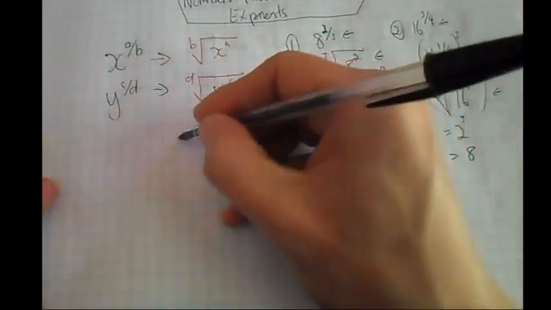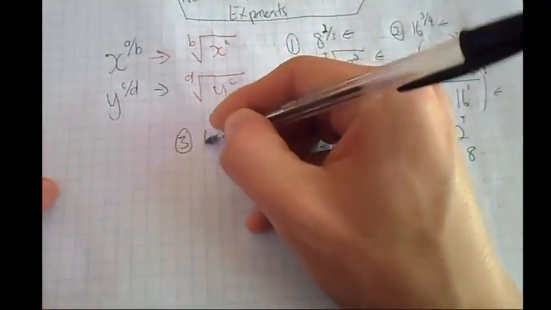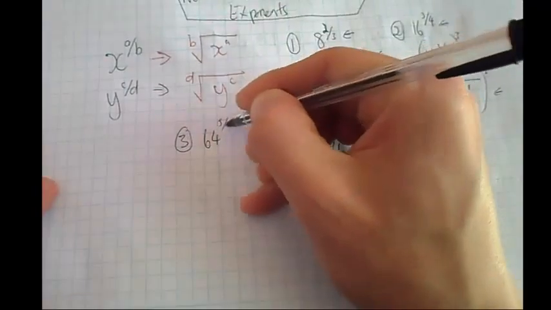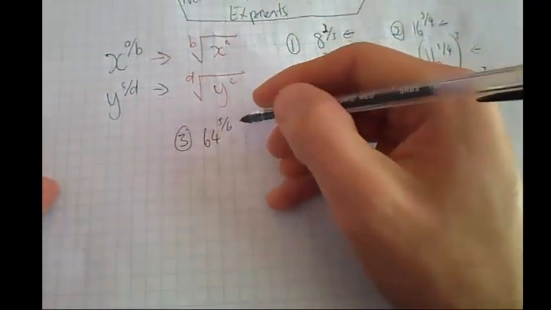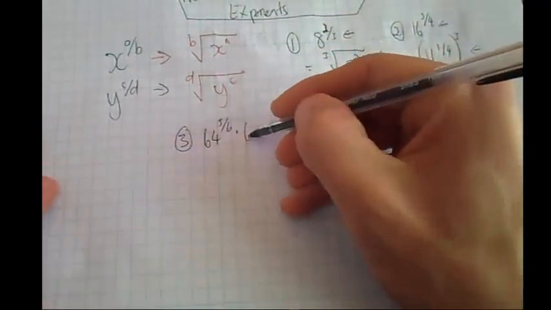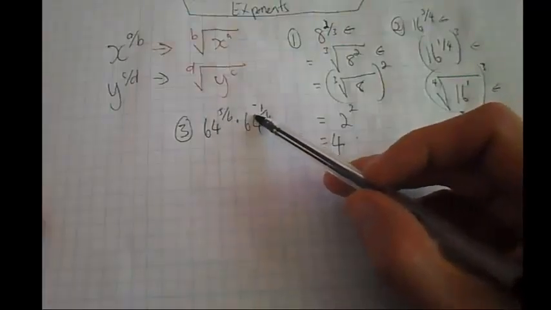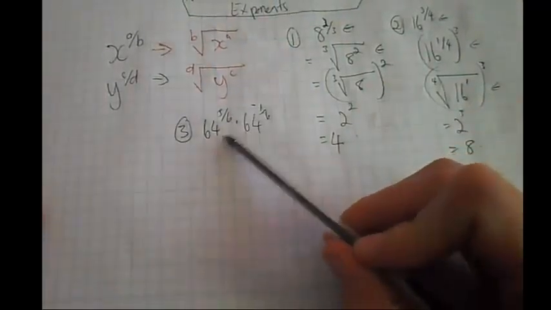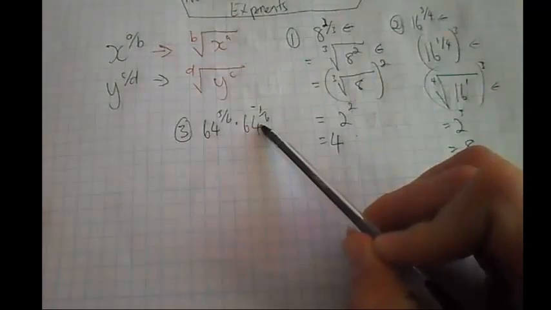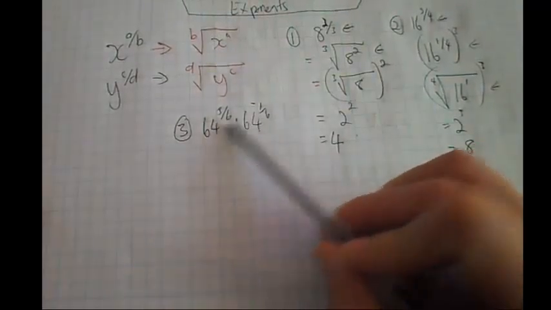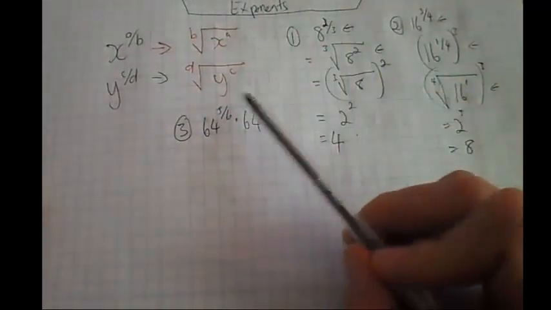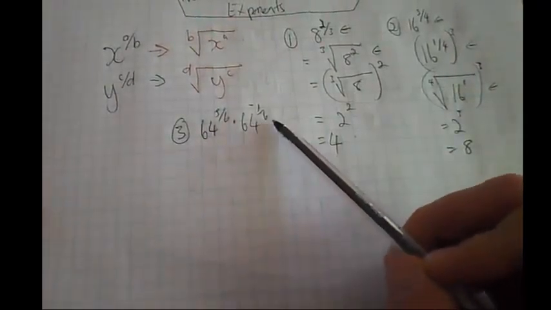Say for number 3, we have 64 to the power of 5 over 6 multiplied by 64 to the power of negative 1 over 6. Now when we have like terms and we multiply them together, our rule is we just add the exponents together.